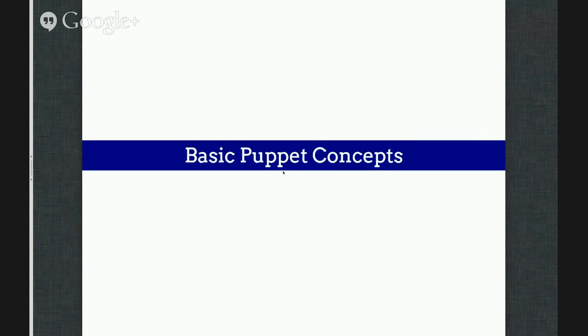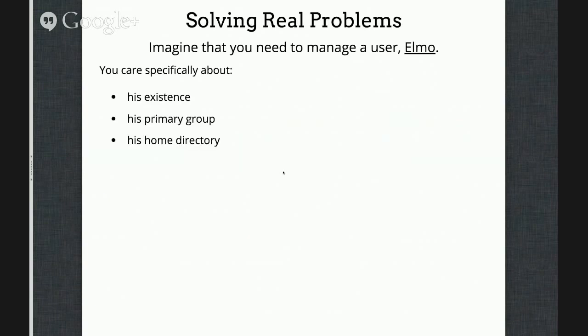Okay, so let's cover some basic Puppet concepts. We've got a real-life example here. We've got our favorite user called Elmo that we need to install and configure on our entire fleet of Linux boxes, hypothetically. It also works on Windows, by the way, very adequately. So what are the criteria that we need with regards to Elmo?